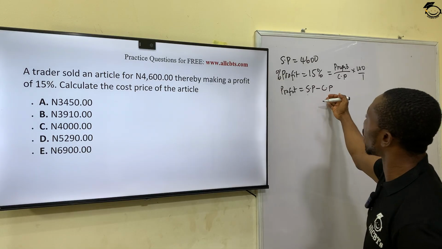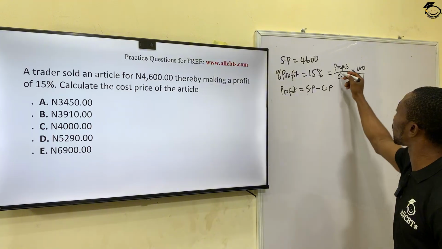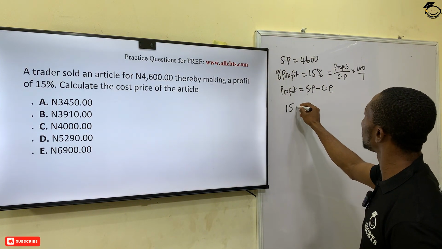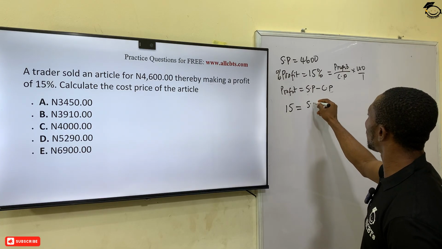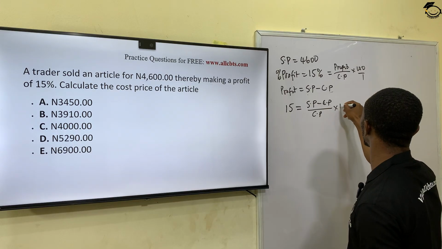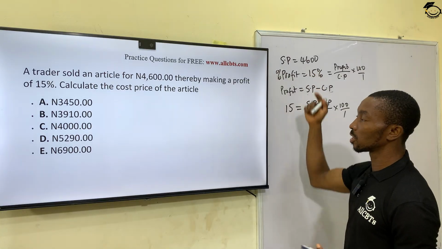And in this case, we are looking for our cost price. So we are going to replace our profit here with this. So here we have 15 equals selling price minus cost price all over cost price times 100 over 1. Now our selling price is 4,600.